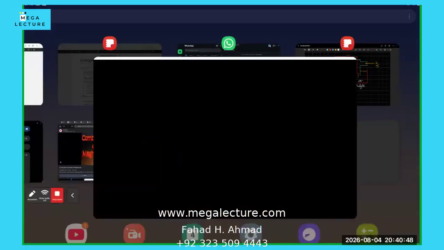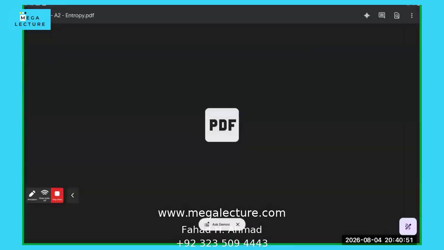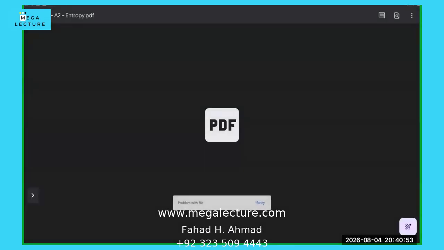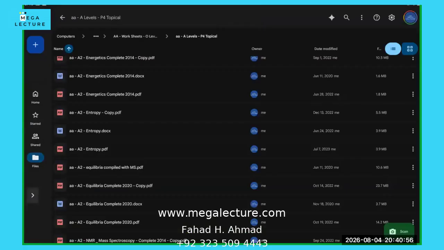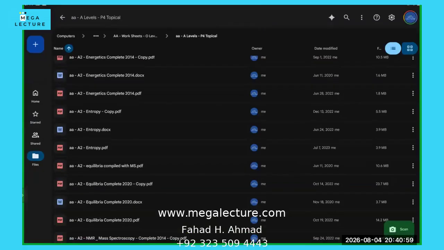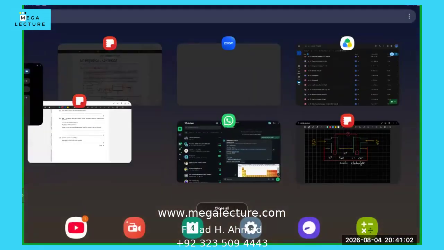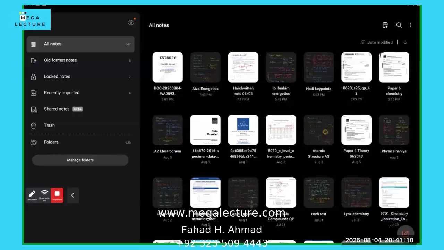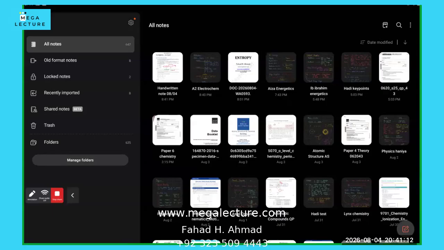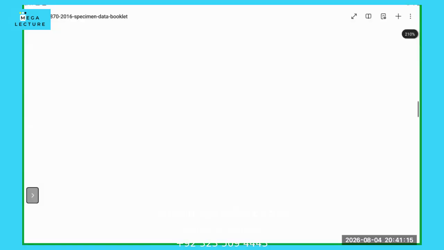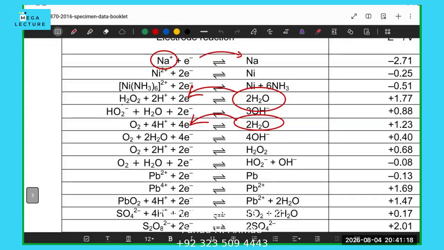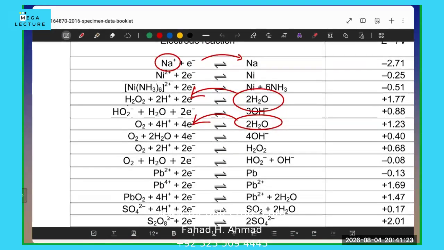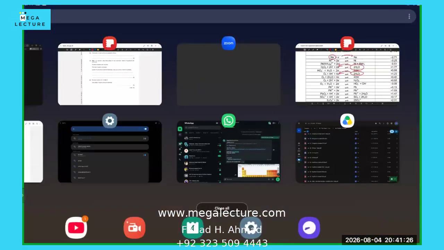The oxygen equation, not the one with H plus that's right in front of us: O2 plus 4H+ plus 4 electrons in equilibrium with 2H2O. What is its value? That's 1.23 volts.